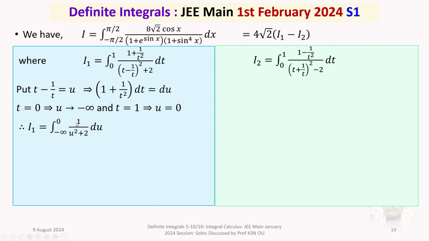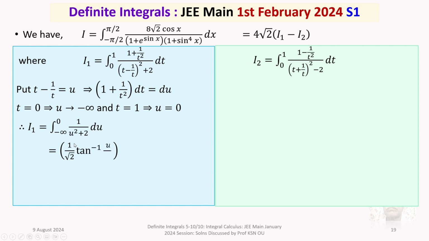And 1 by u square plus 2, you see it as u square plus root 2 whole square. And remember, the integral of 1 by x square plus a square with respect to x is 1 by a into tan inverse x by a.